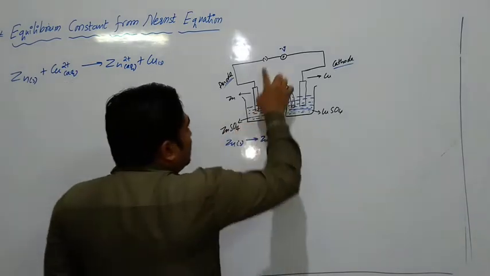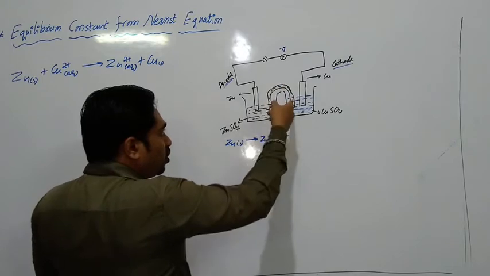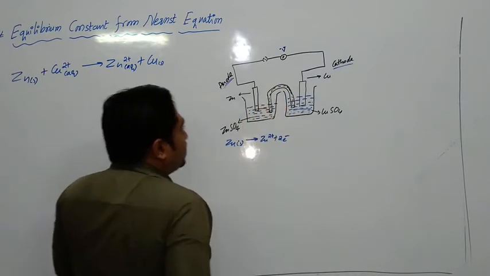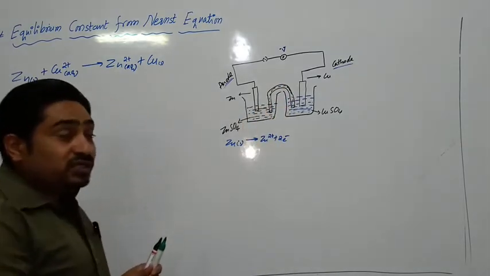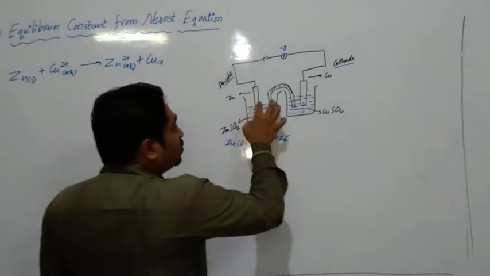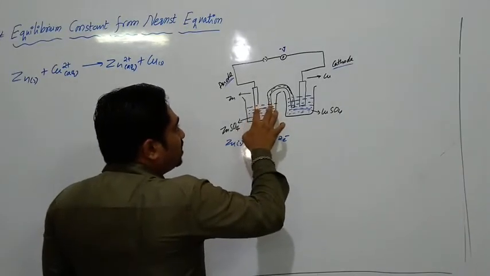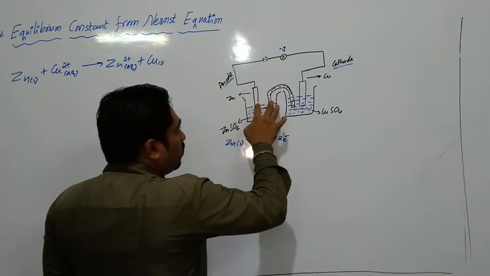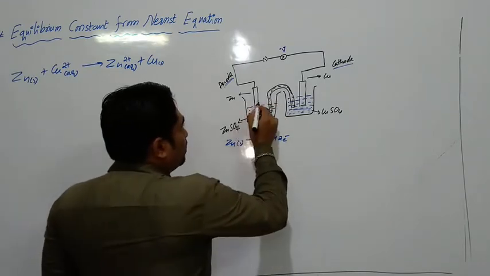As the key is placed, the circuit is switched on and the oxidation reaction starts. The zinc rod is gradually dissolved, meaning the zinc atoms on the rod go into the solution.